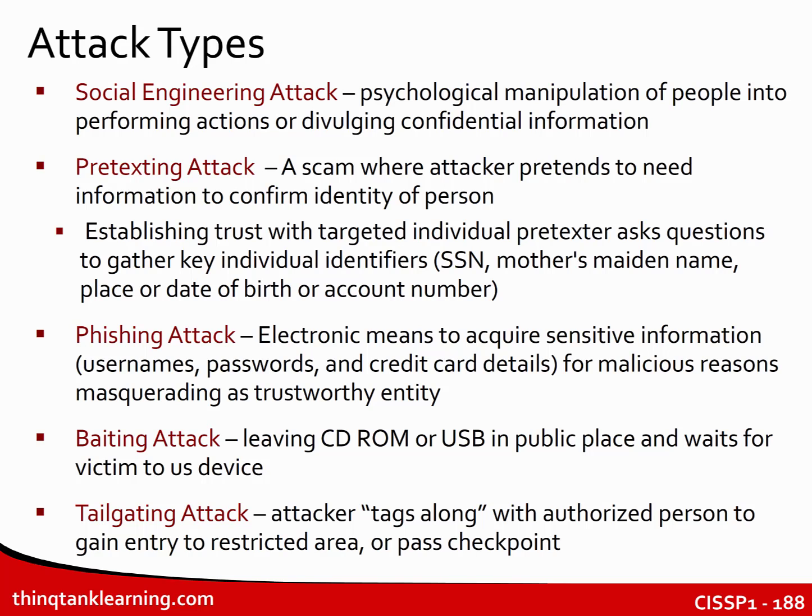Phishing attacks. There are two different types of attacks that are related to each other: pharming and phishing. But I want to make sure that we describe the difference here. Pharming is not the same as phishing.